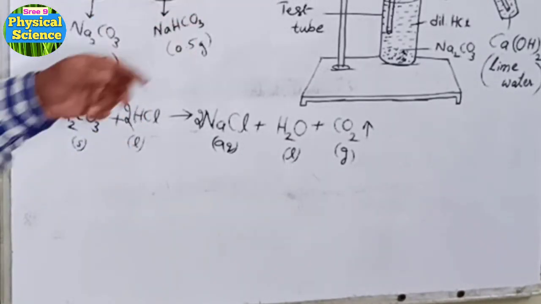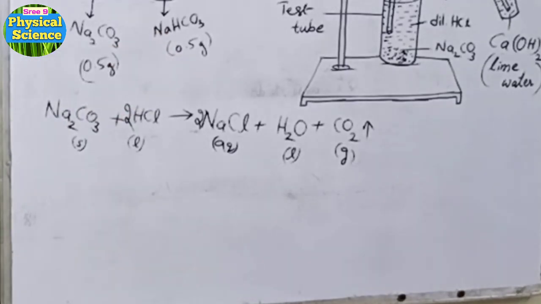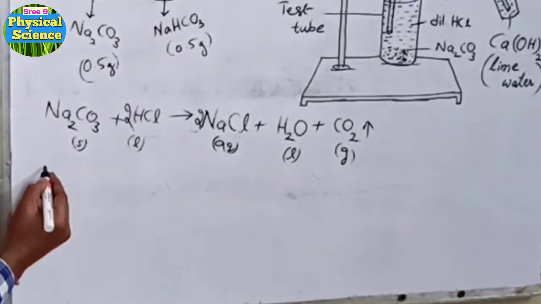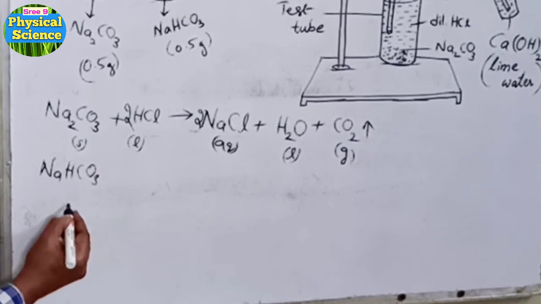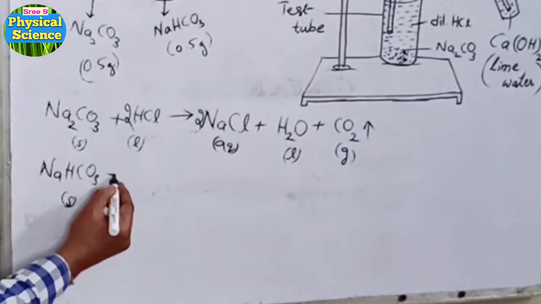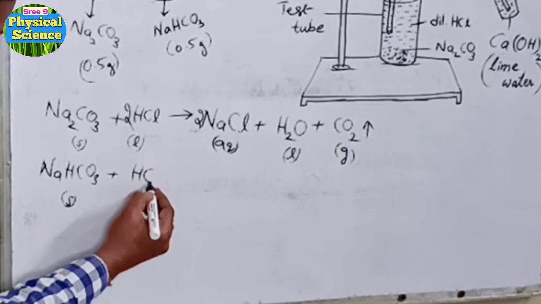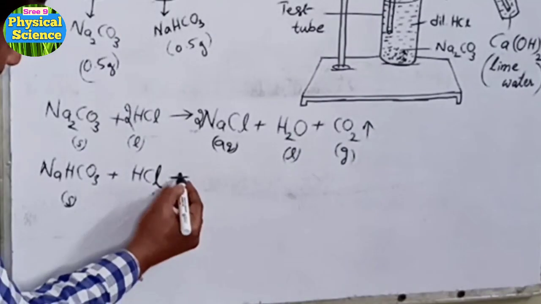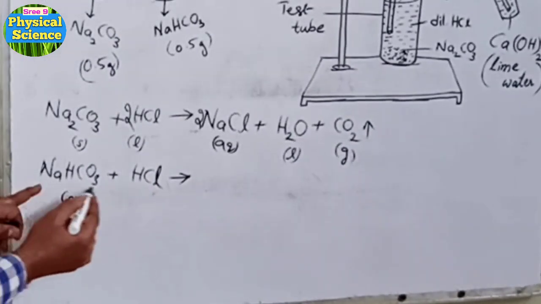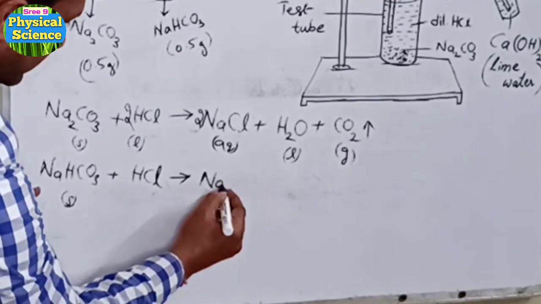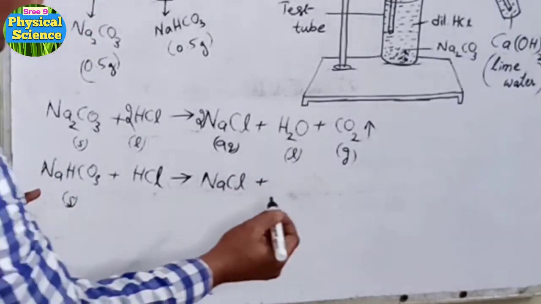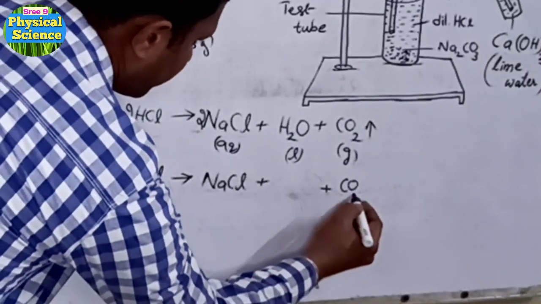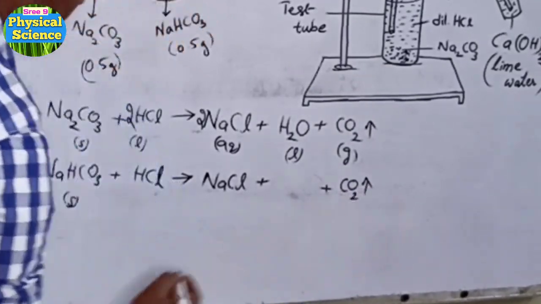Then what about test tube B? What we have taken? Sodium hydrogen carbonate. That also I am writing here. Sodium hydrogen carbonate, which is solid, plus HCl. Now let us see, obviously NaCl forms, that is salt, plus carbon dioxide definitely in both of the test tubes.